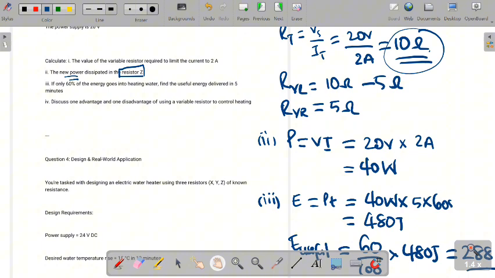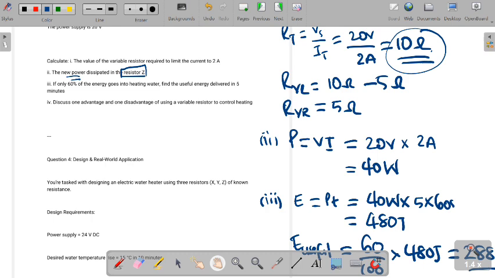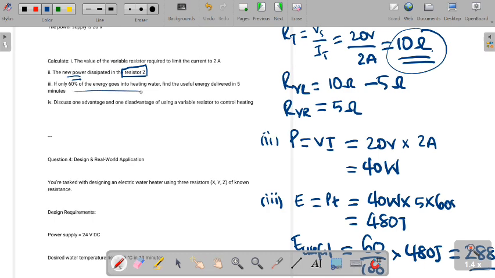So they're saying here that the energy goes into heating water 60%. 60% of the energy. So if the total energy is 480, okay, yeah, makes sense. If the total energy is 480, then we might as well conclude that, wait a sec, have I made a mistake somewhere?